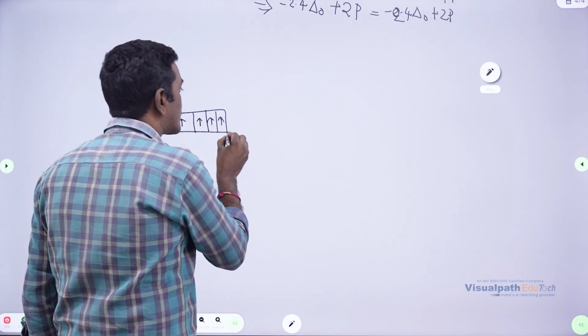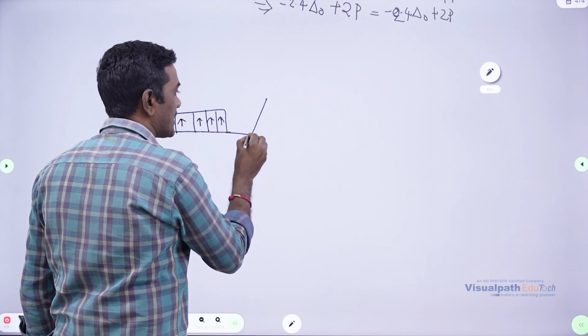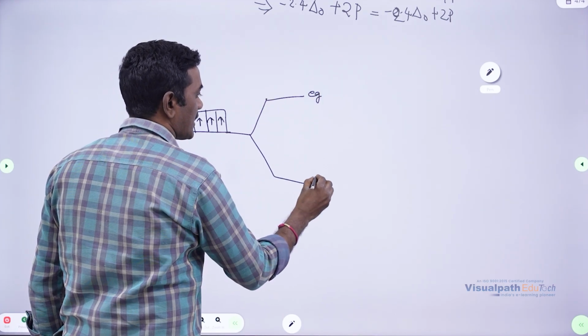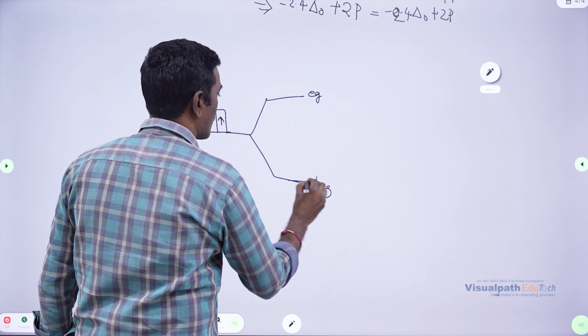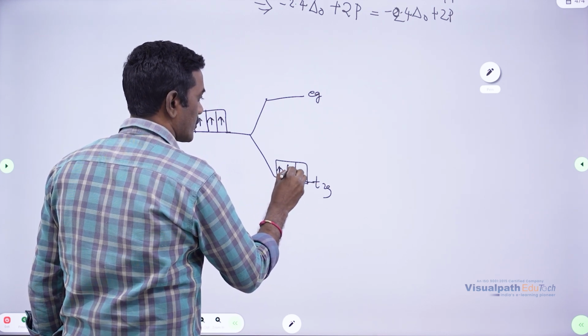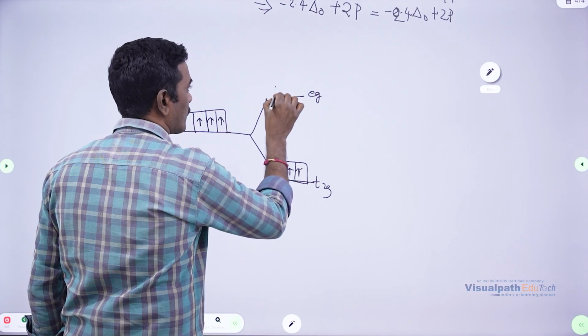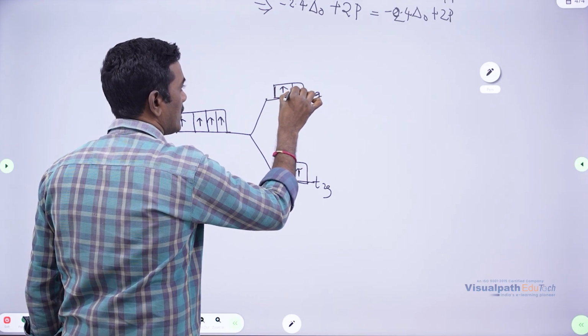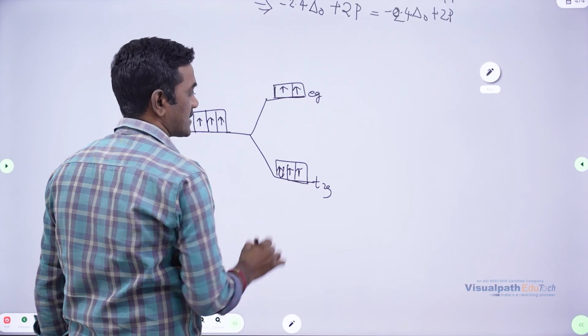Now it is going to undergo splitting, right? eg and t2g. How to fill electrons? 1, 2, 3, and the fourth electron will enter the higher energy level. 5, and the sixth electron is here.